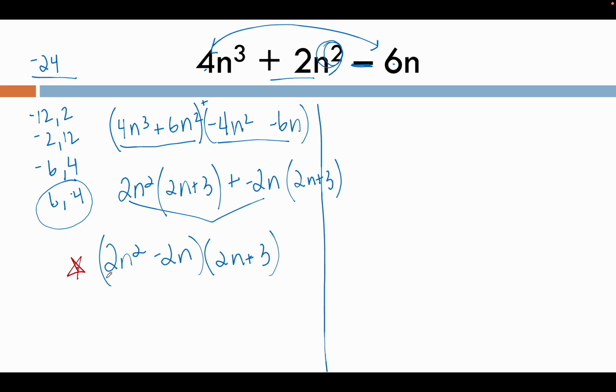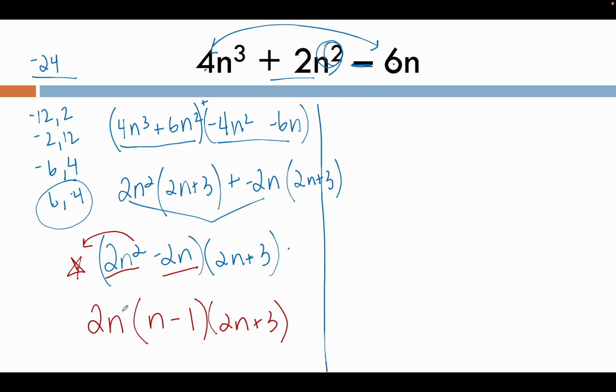If you notice that 2n squared and 2n still have a factor of 2n that can be divided out of it, then we need to divide that factor out. That divides out of just this one, not this one, so this one stays the same. A lot of times we forget to look for the greatest common factor and then we stop here, but that's not fully factored because there's still a common factor there.